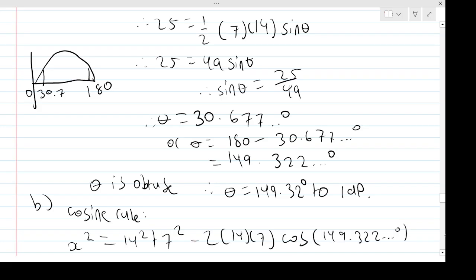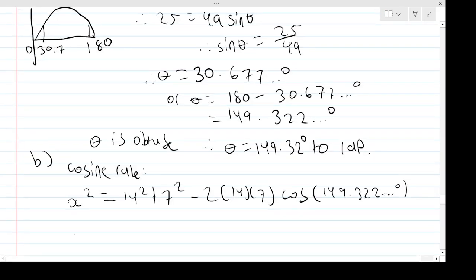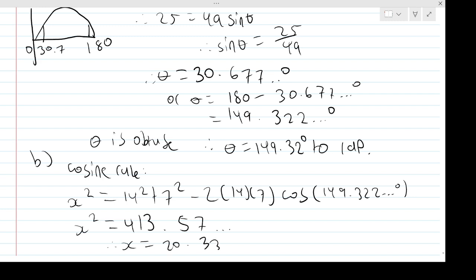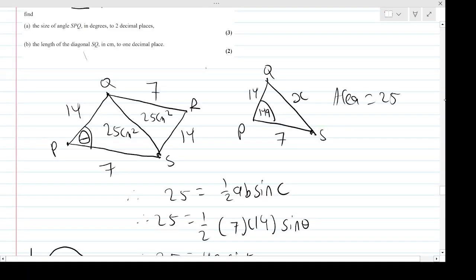And so if I put all that in a calculator, I get x squared is 413.57, blah blah blah. So therefore x, if I square root that, I get 20.336, blah blah blah meters, is it? Centimeters, okay. Well then, that's the length SQ, that's the diagonal, that's the length SQ here.